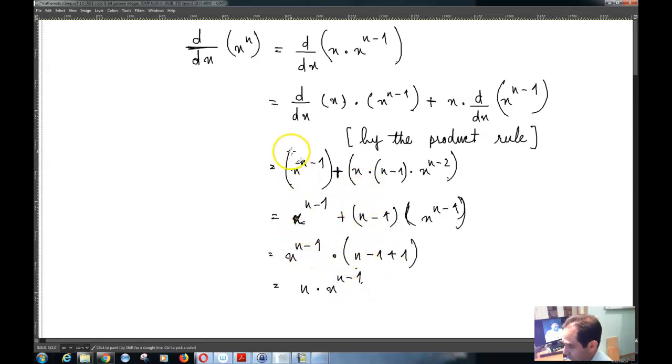And so now we assumed that our hypothesis was that d by dx of x raised to the power n is equal to n times x raised to the power n minus 1. And once I made that assumption, d by dx of x raised to the power n was ultimately equal to n times x raised to the power n minus 1.